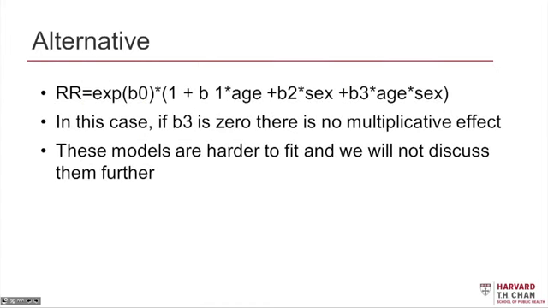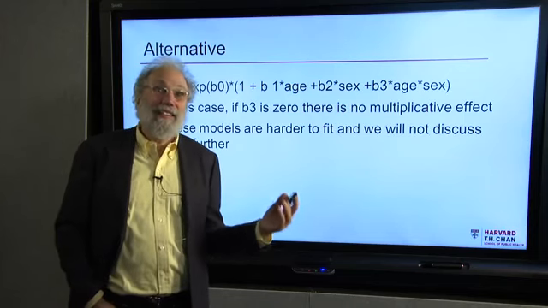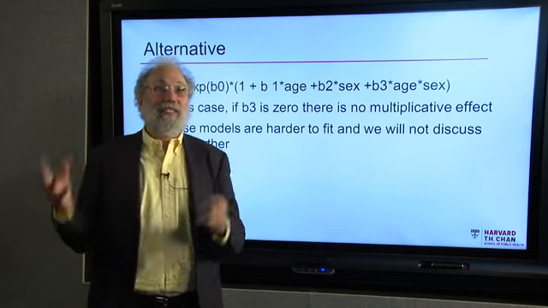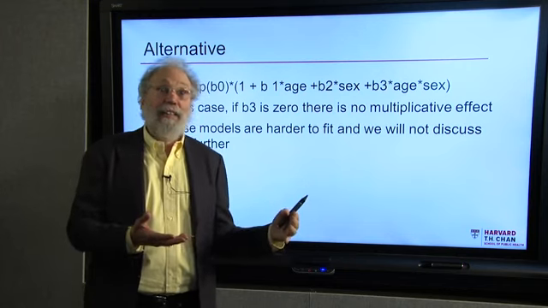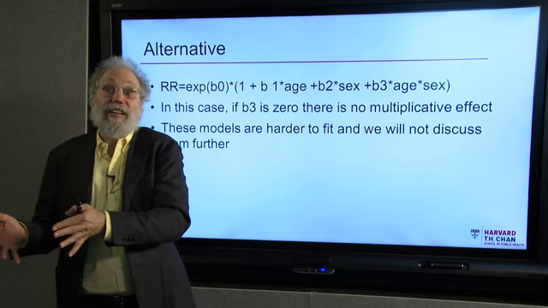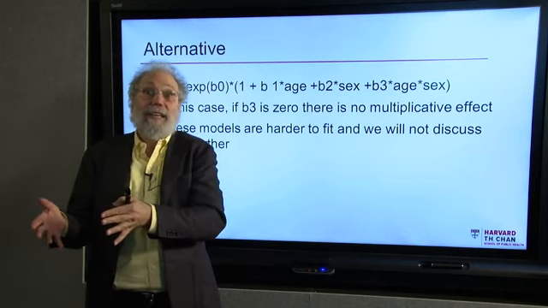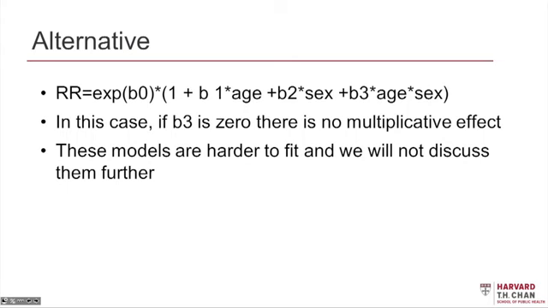So some people say, well, that's not really what I want to do. I would like to look at additive effects of age and sex on my baseline rate of some disease, and then test whether the effect of age, for example, differs between males and females. And so you might want to fit a model like this one. In this case, if B3 is 0, there is no multiplicative effect.